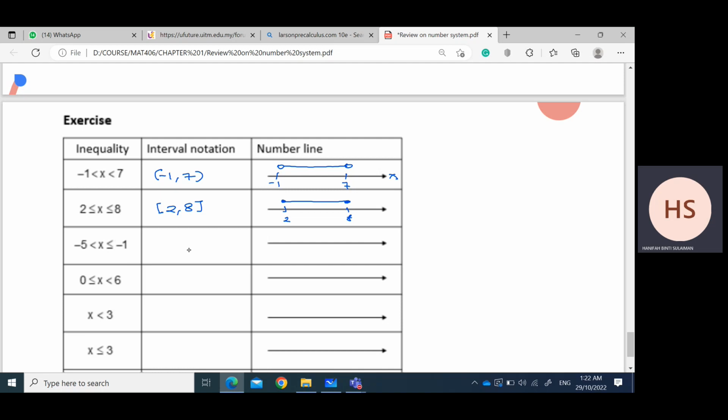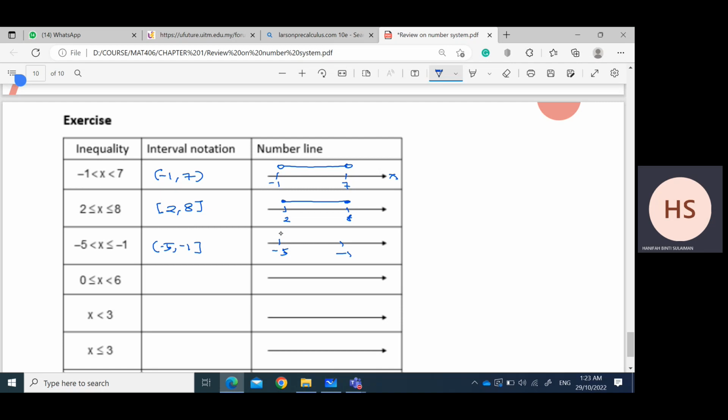Negative 5 is excluded. In interval notation, it will be an open bracket at negative 5 and negative 1 with a close bracket, which means it touches the point negative 1. On the number line, negative 5 is smaller than negative 1, because negative 1 is further to the right. The bullet at negative 5 we don't colour, showing it is not included in x. For negative 1, it is included, so we colour the bullet.